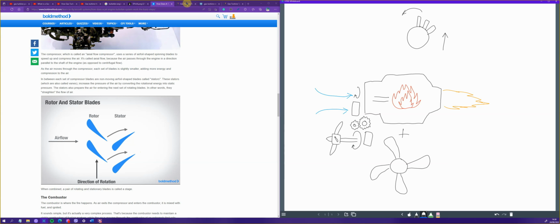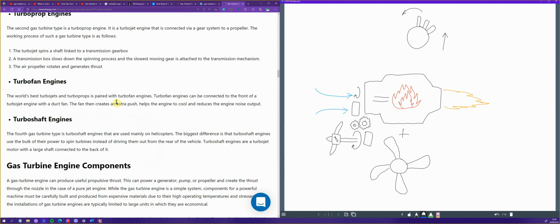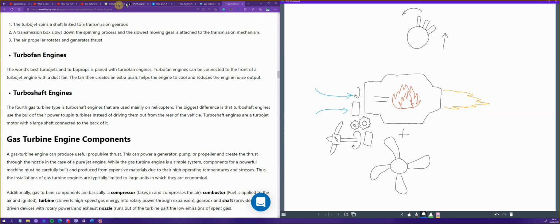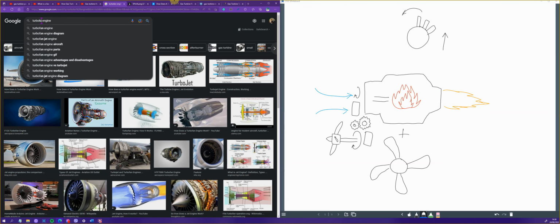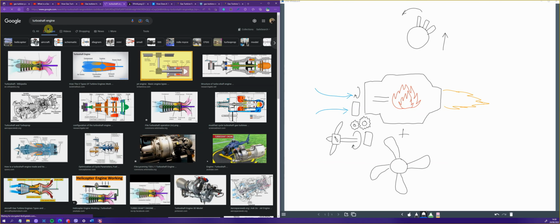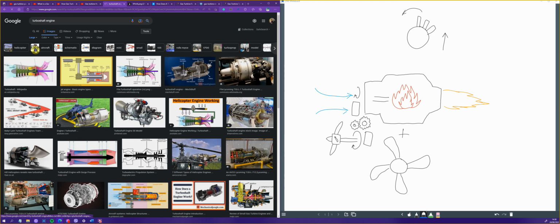So, sige, we'll continue later on. Tapusin muna natin yung types. Turbo shaft naman ito. Ito, madalas ito ginagamit sa helicopters.